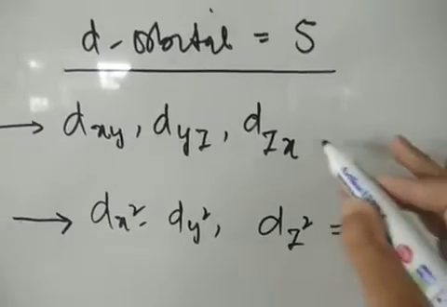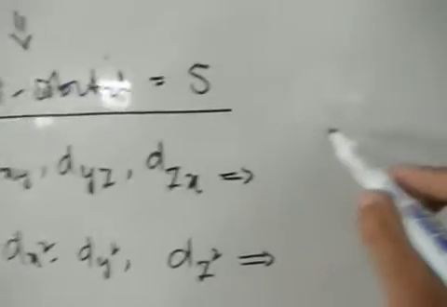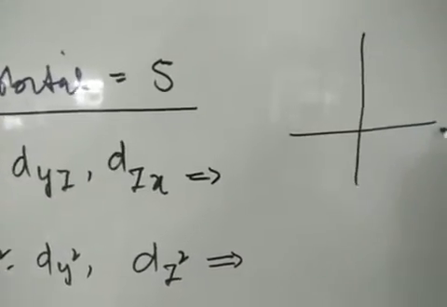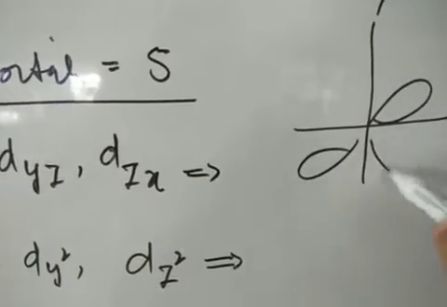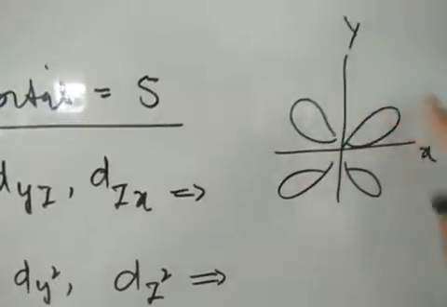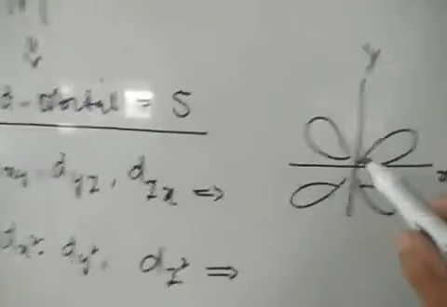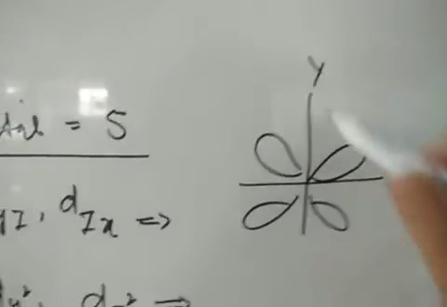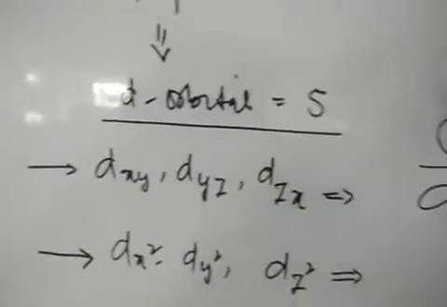If we look at their maps, for dxy, we have the x and y axes, and the electron density, or the lobes of the orbital, are actually in between the x and y axes. The same is the case with dyz: we have y and z, and the lobes are between y and z. And for dzx, the lobes are between z and x.